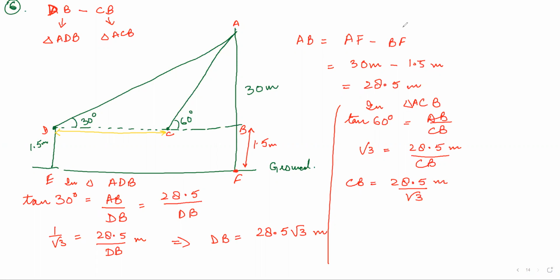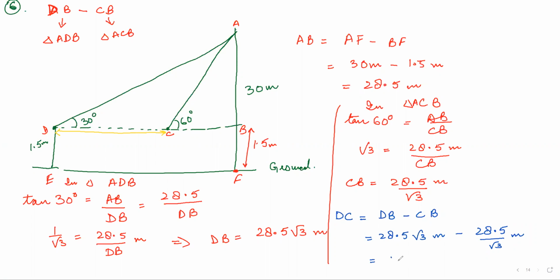Okay. Now I can find my length DC. So DC is now equal to DB minus CB. So DB is 28.5 root 3 meters minus CB, which is 28.5 divided by root 3 meters, right?